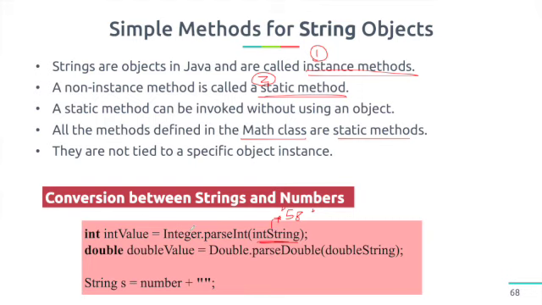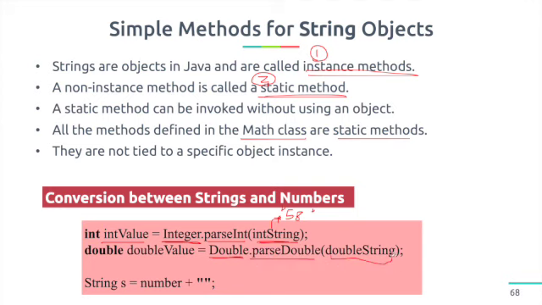So we have to use a function. If I wanted to convert it to an integer, we will use Integer.parseInt, which is the method that we'll use to convert this into an integer, and then between the parentheses we'll enter the name of that variable. So this will convert the 58 into an integer, and I wanted to store it in an int value, and of course we define the data type as int. If I have a double, I'll do the same, but instead of using the integer class, we'll be using the double class, and we will parse the double.